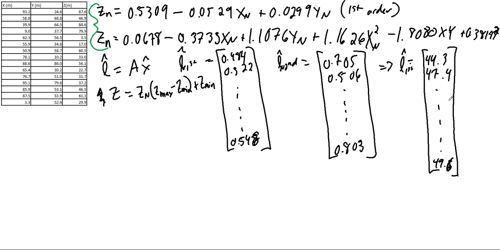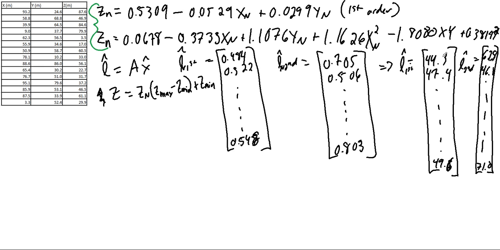There we go. So that's first order. Second order is equal to 62.8, 46.1, dot, dot, dot, all the way down to 71.0.